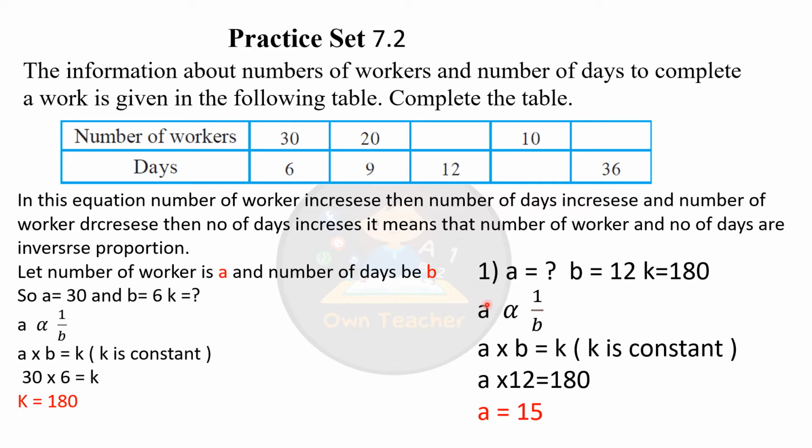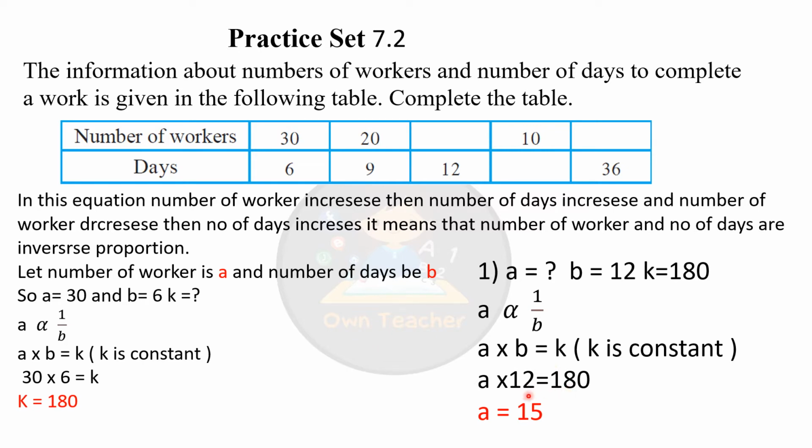So let's see the first example here. Find out A if B is equal to 12. This example we are solving now and we know the value of K is 180. A is inverse proportional to B. So A into B is equal to K. A into, we know the value of B is 12 and value of K is 180.